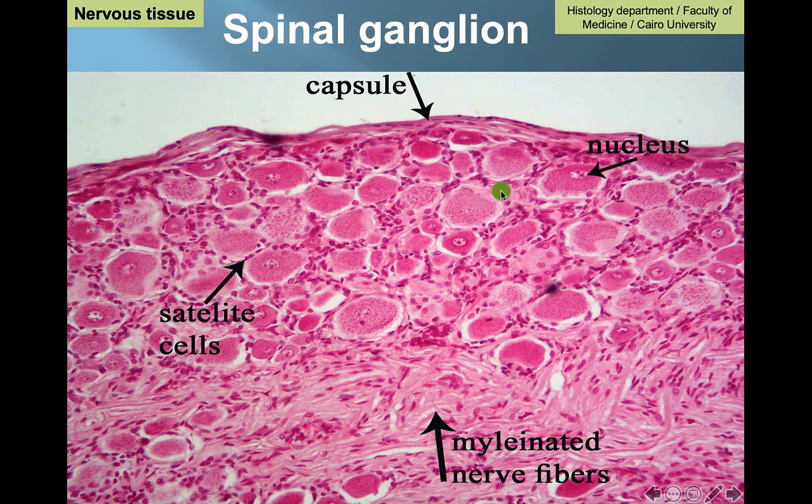Don't forget satellite cells. These satellite cells surround the nerve cells in the ganglia, and they belong to the neuroglial cells. Here, this is the nucleus, and these are the satellite cells belonging to the neuroglia. And don't forget that the nerve fibers here are with myelin. They are myelinated nerve fibers.